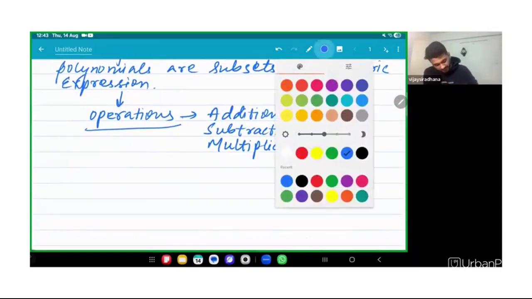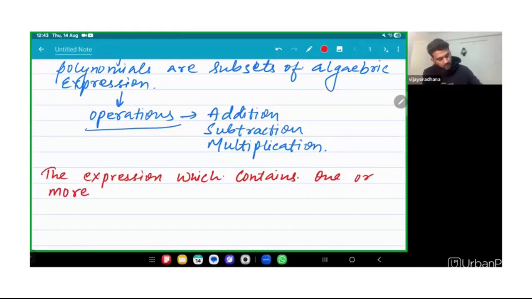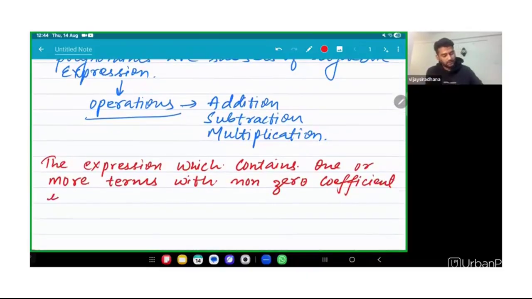That means the expression which contains one or more terms with non-zero coefficient is called the polynomial.